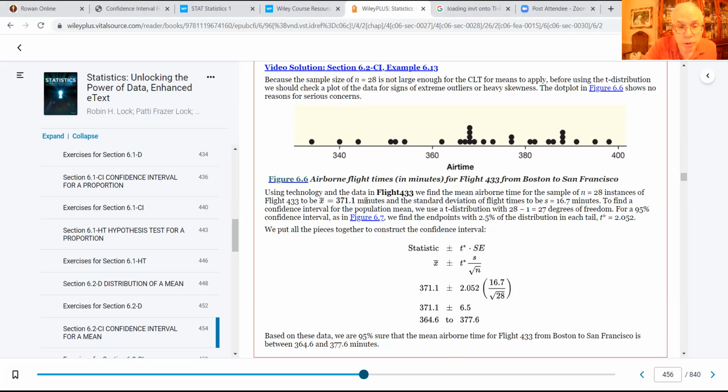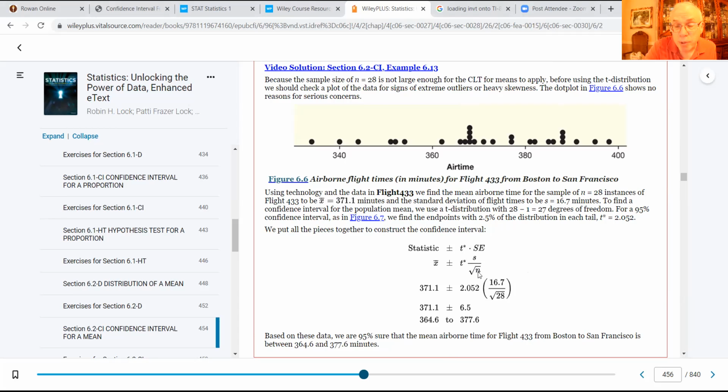Here's your mean, 371.1 minutes. That's your average airborne time for the 28 flights, and the standard deviation of those 28 numbers is 16.7 minutes. Okay, so notice that the standard error is simply going to be 16.7, that's the s, divided by the square root of 28, which is the square root of the sample size. Now remember, this is very important, it's asking for the sample size here.